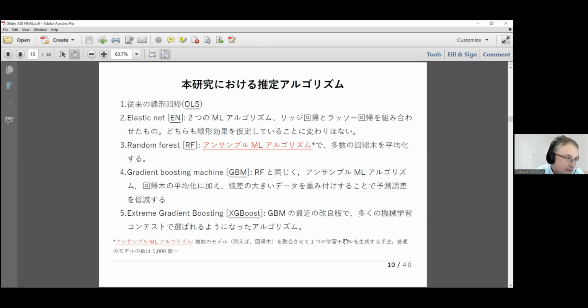Gradient boosting machine is another ensemble algorithm, but instead of finding the average across a large number of regression trees, this algorithm focuses on the prediction residual. So at the first stage, we estimate the model by a typical regression tree, and then calculate residuals.